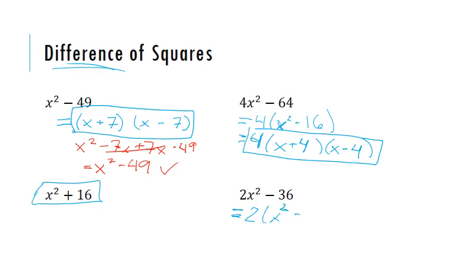X squared minus 18. And then we get 18, which is not a perfect square. So we stop with that term and leave it just like that. So that one's not a difference of squares either. Even though it has a 36 at the beginning, there's that 2 in front of the x squared, so you have to take out the GCF first, and then it's not a square anymore.